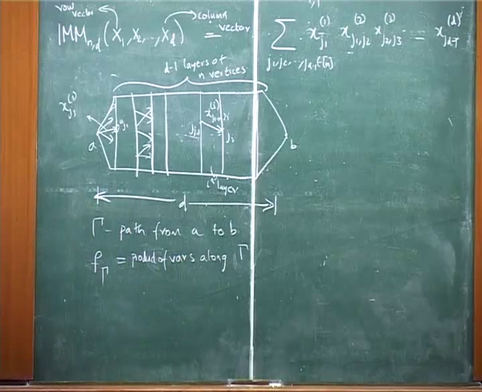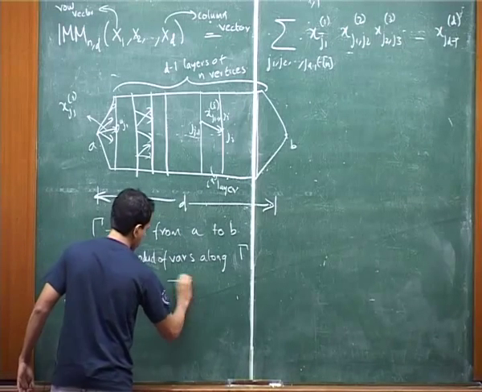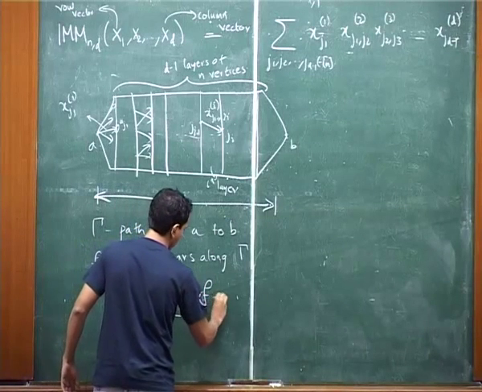And then the final polynomial is f, which is just the sum of f gamma.